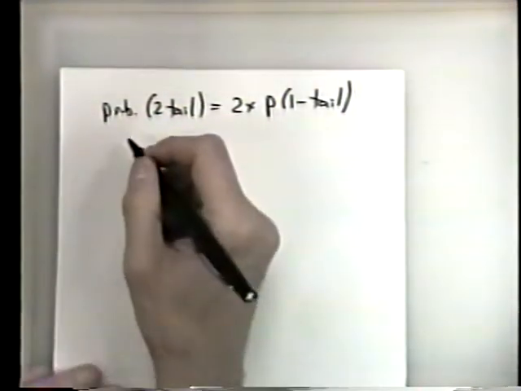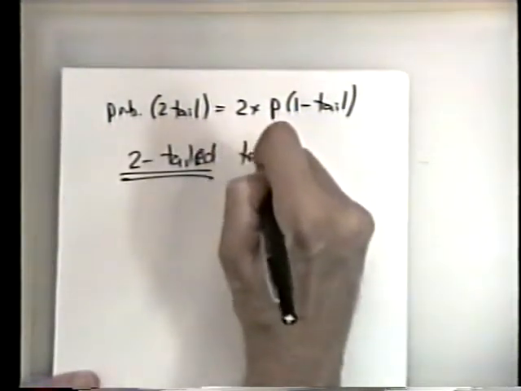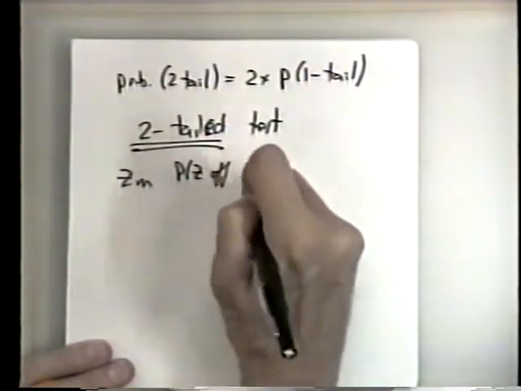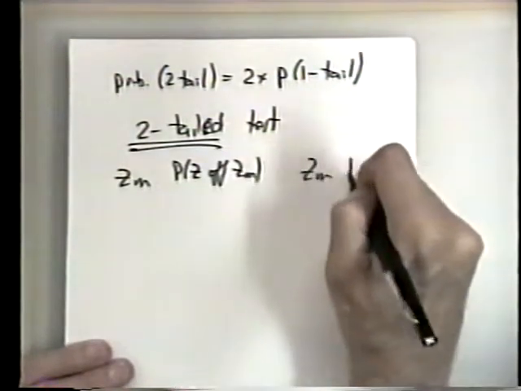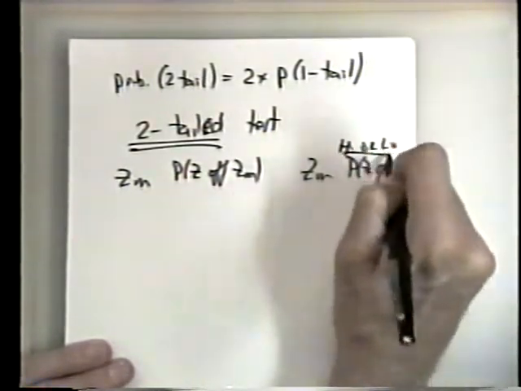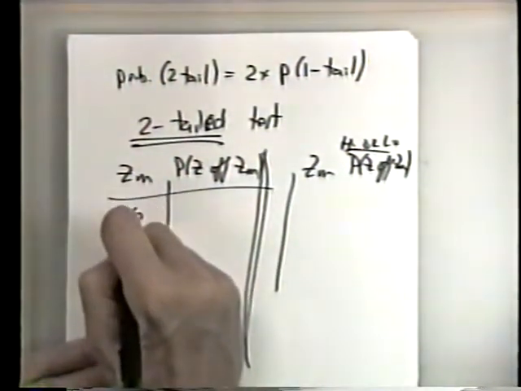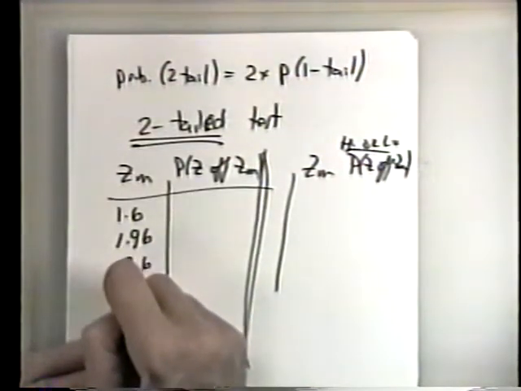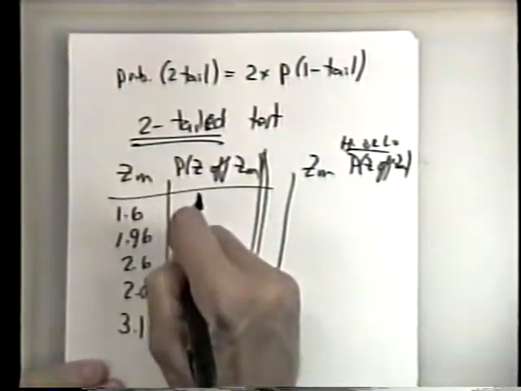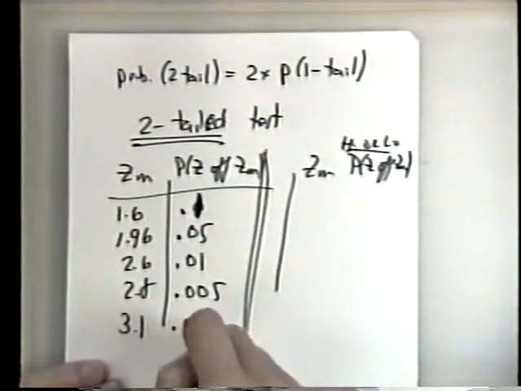So now what I gave you before was the one-tailed test. If I now give you for a two-tailed test the z-values and the probabilities of getting z off of zm, either high or low, then these tables look like this: 1.6, 1.96, 2.6, 2.8, 3.1, and the probability values are 0.1, 0.05, 0.01, 0.005, 0.002.